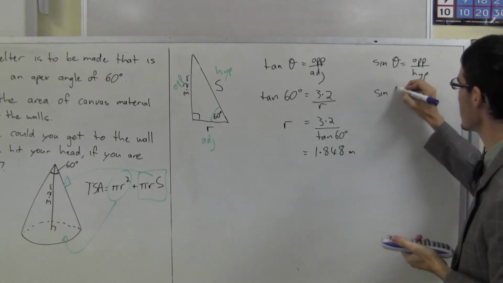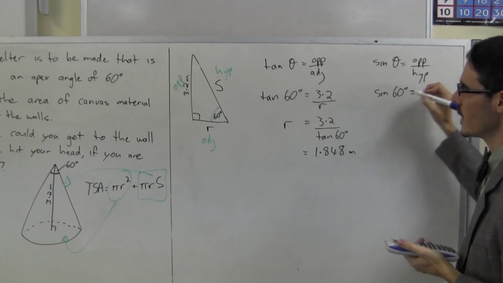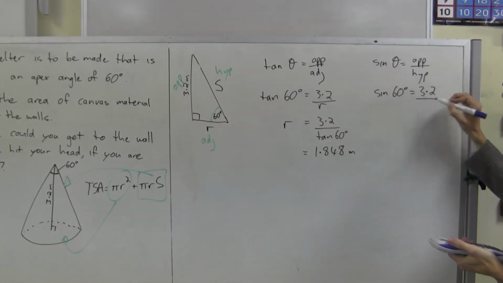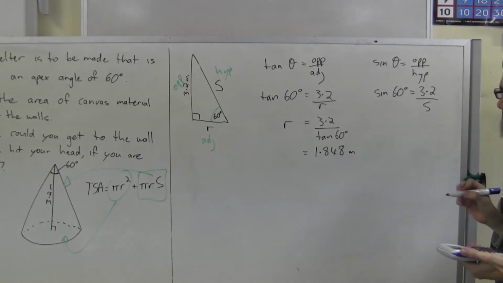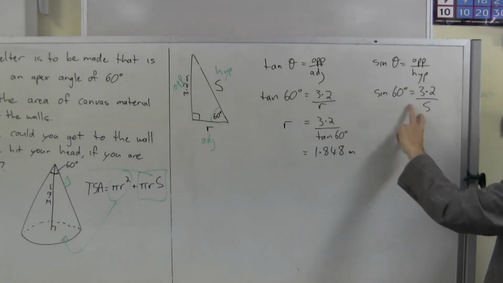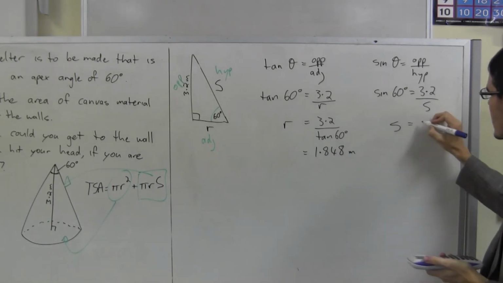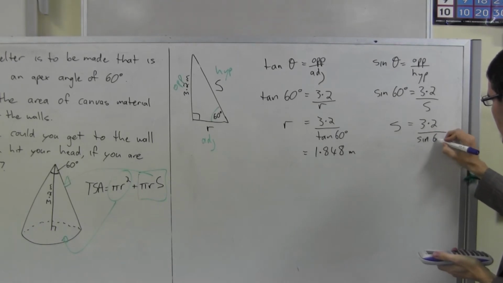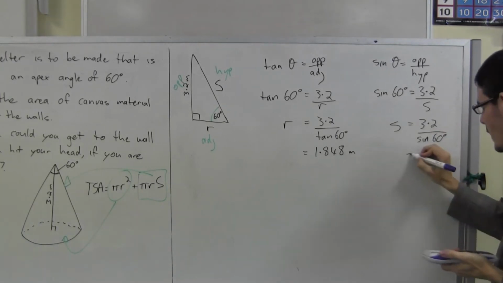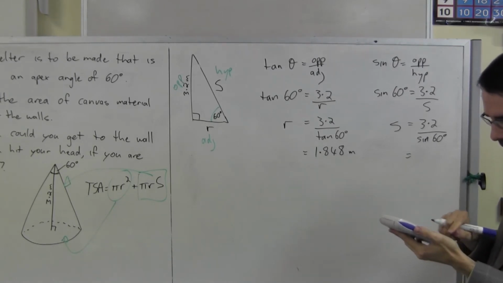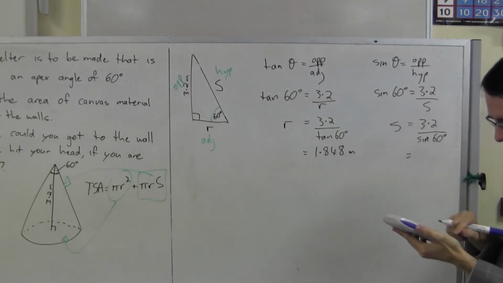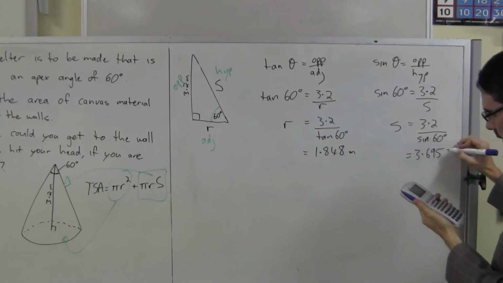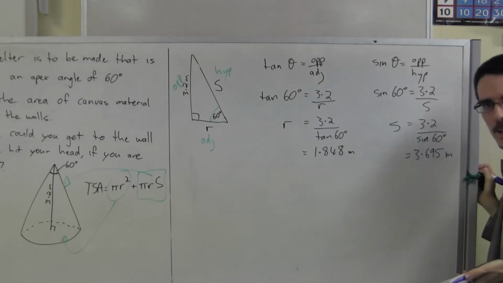Putting what I know, sine of 60 degrees is my opposite, 3.2, divided by my hypotenuse. What I want to know is the slant height. Again, cross multiply. S goes up the top, and sine 60 goes down the bottom. And you need a calculator. 3.2 divided by sine 60, 3.695 metres. Again, rounding off to 3 decimal places.